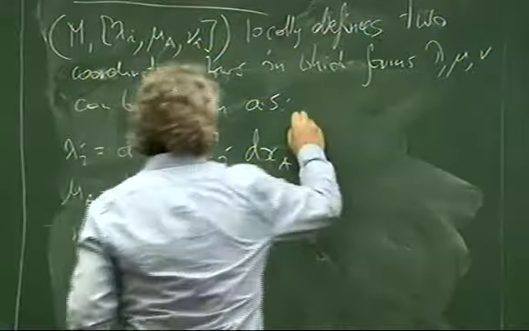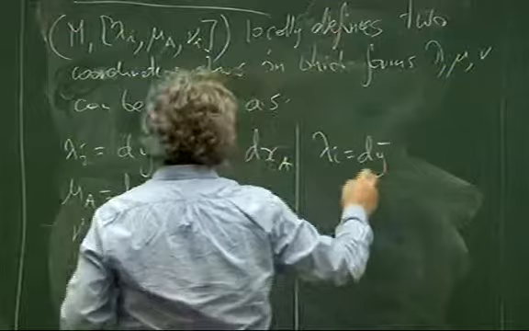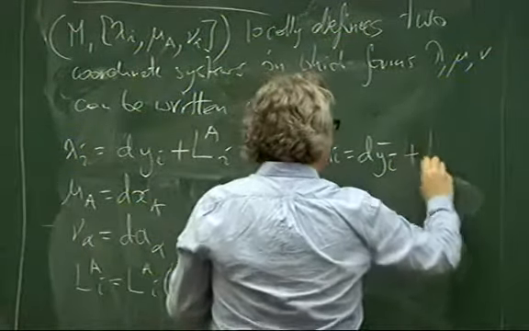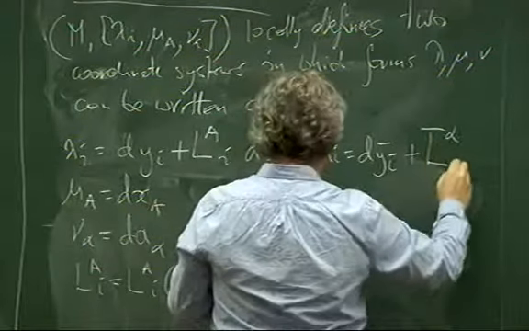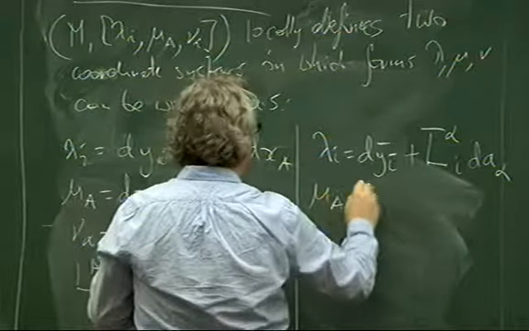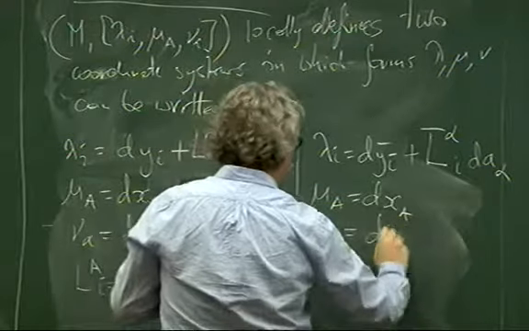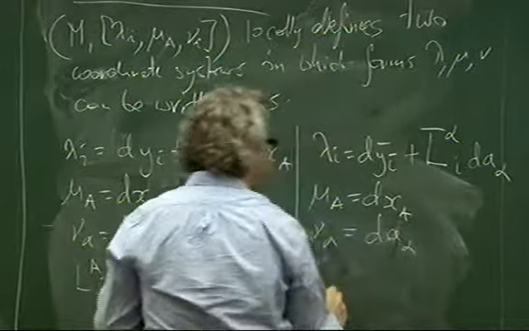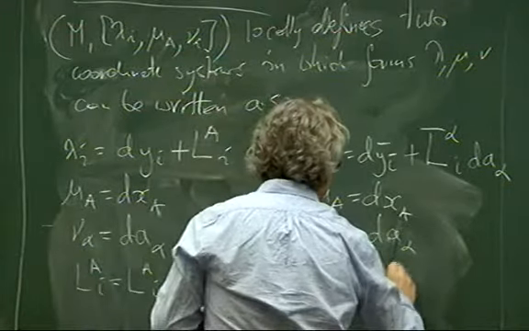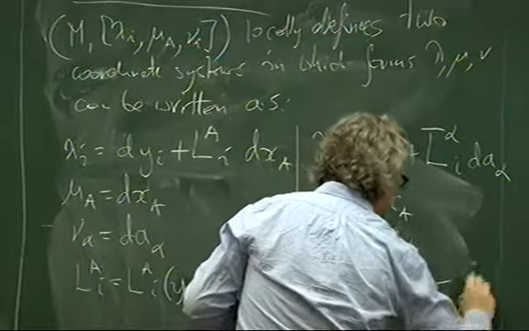So that's the first coordinate system, or there is another one which I call y bar plus, now there is L bar alpha I d a alpha mu a dxa mu alpha dA alpha, where these functions depend on all the coordinates, which is x, y, and a.